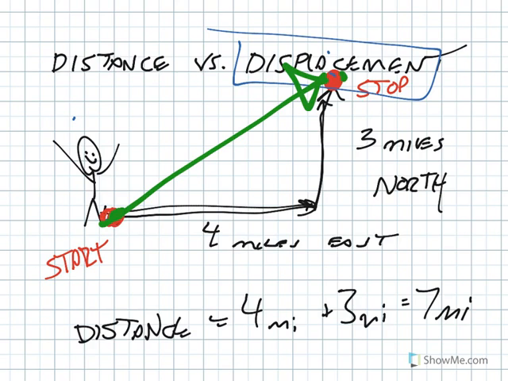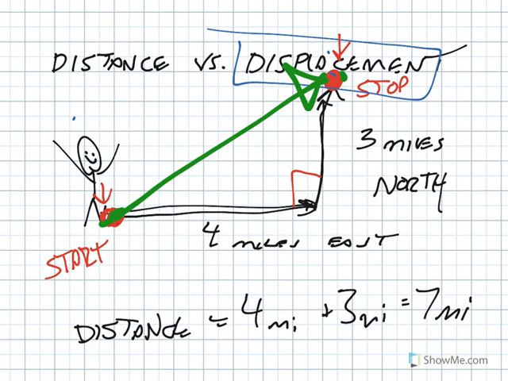So in this example, notice this makes a really nice little right triangle. And we know a few things about right triangles. Specifically, there's the Pythagorean theorem. So the distance between your initial position and your final position is right here.